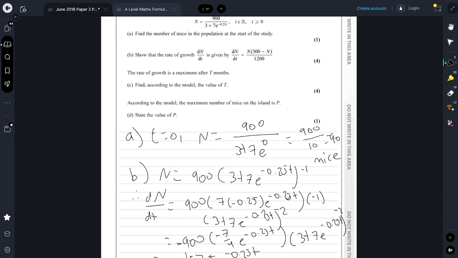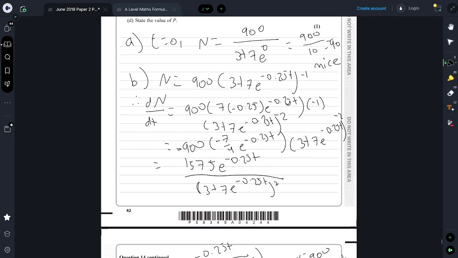So dn by dt is that. I'm trying to work out what they did in the mark scheme. 900 times a quarter. Yep, okay.